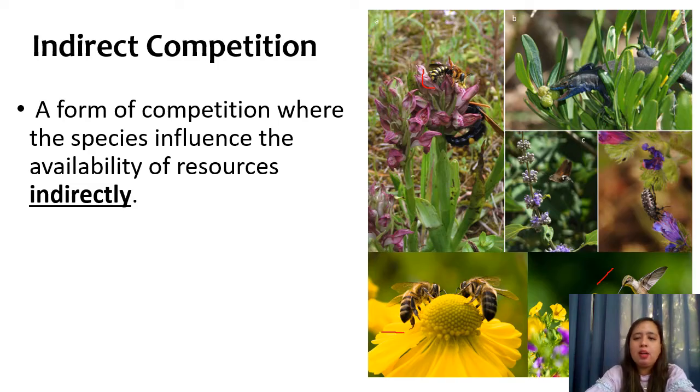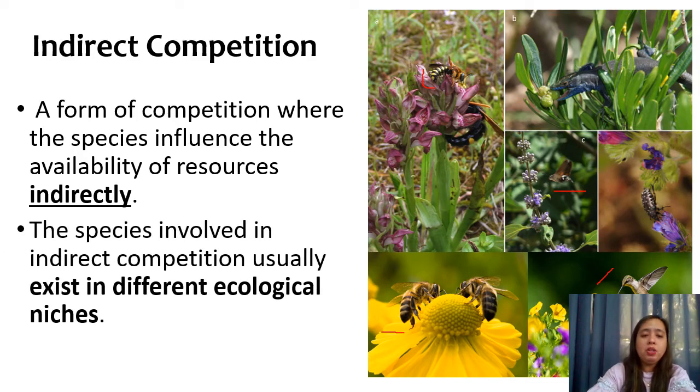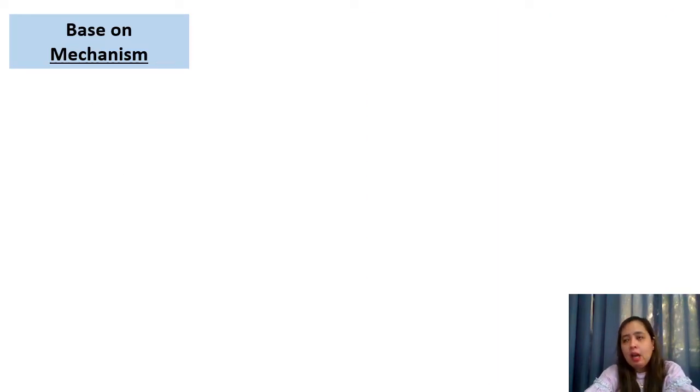We have here some bats and some of the reptiles that also feed on these flowers, no? Indirect competition. The species involved in indirect competition usually exist in different ecological niches, no? When they have different niches, because, for example, like earlier, the bee takes only nectar, but the reptile eats the whole flower and something like that.